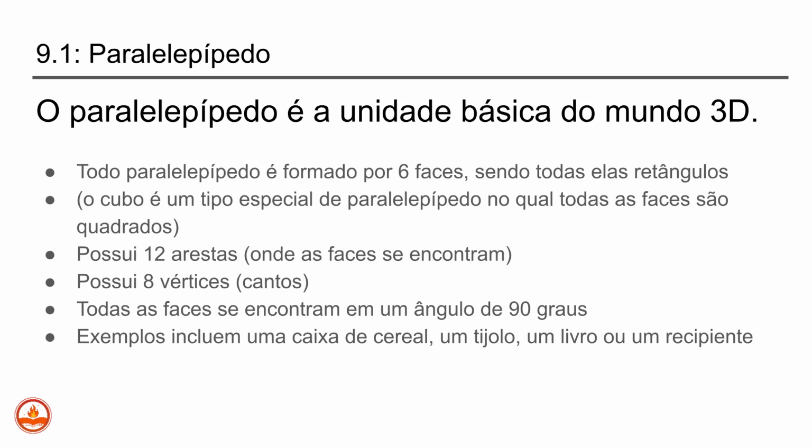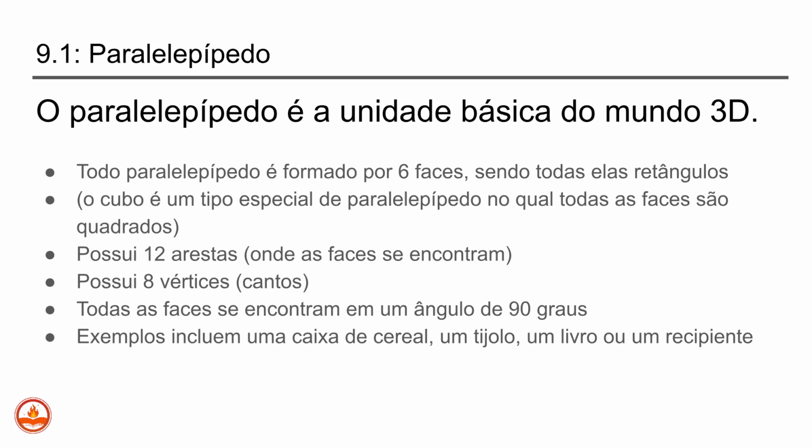Let's now talk about cuboids. Cuboids are the building block of the 3D world. Every cuboid is made of 6 faces, all of which are rectangles. A cube is a special kind of cuboid in which all the faces are squares.